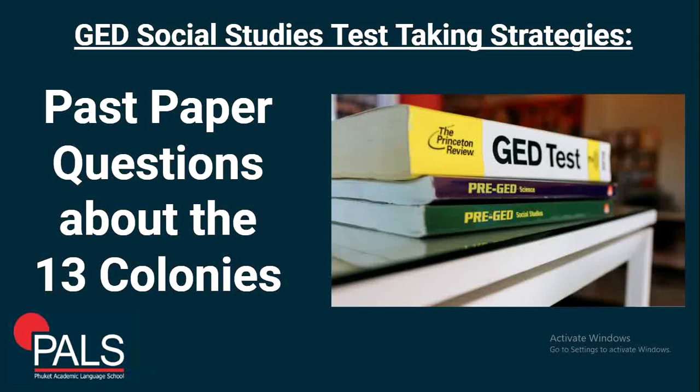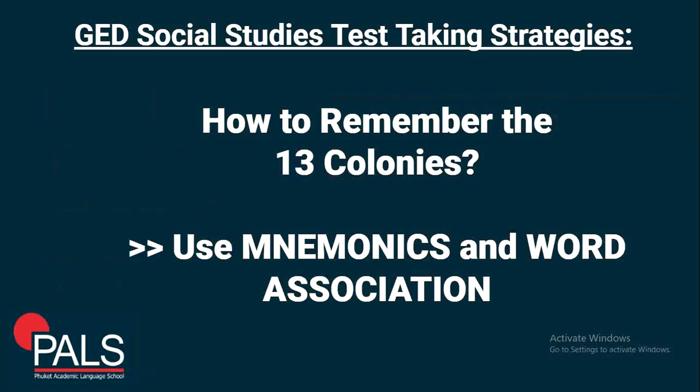In the future, you might be encountering questions about the 13 colonies, and the main concern of many students is how they can remember the 13 colonies. Well, some students try the hard method of memorizing all the 13 states, all right?